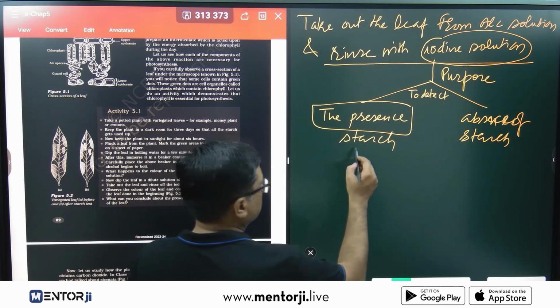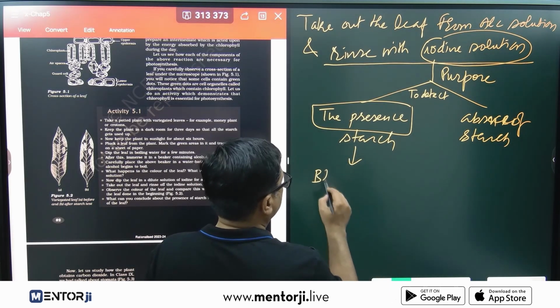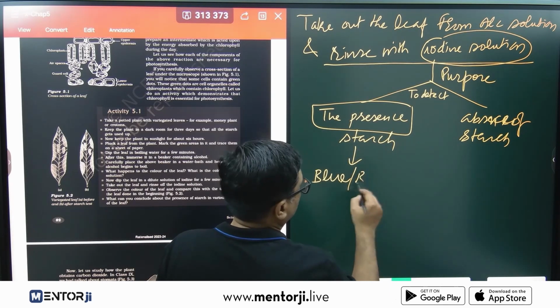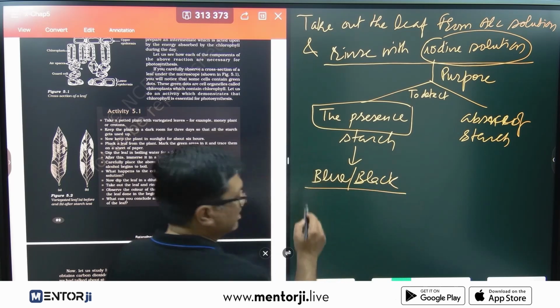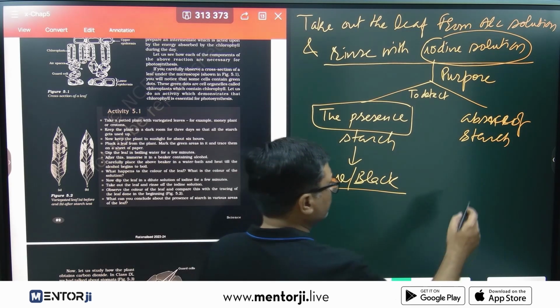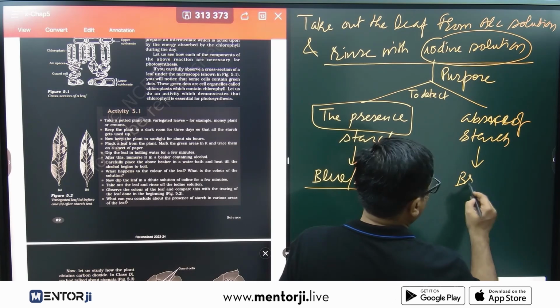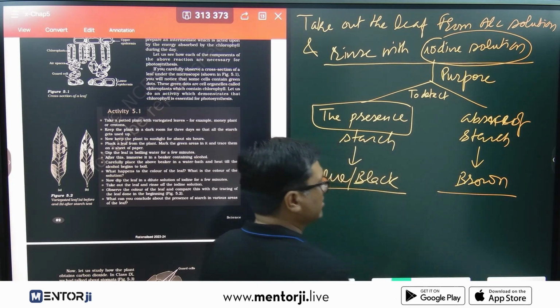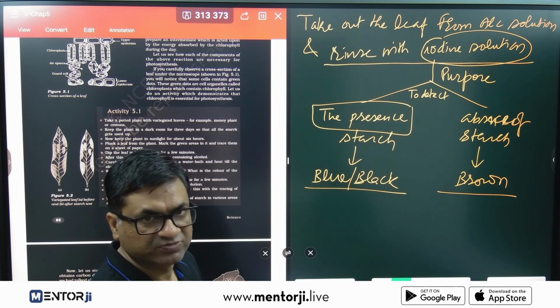If there is blue-black color, that means the presence of starch. If there is brown color, hence there is absence of starch.